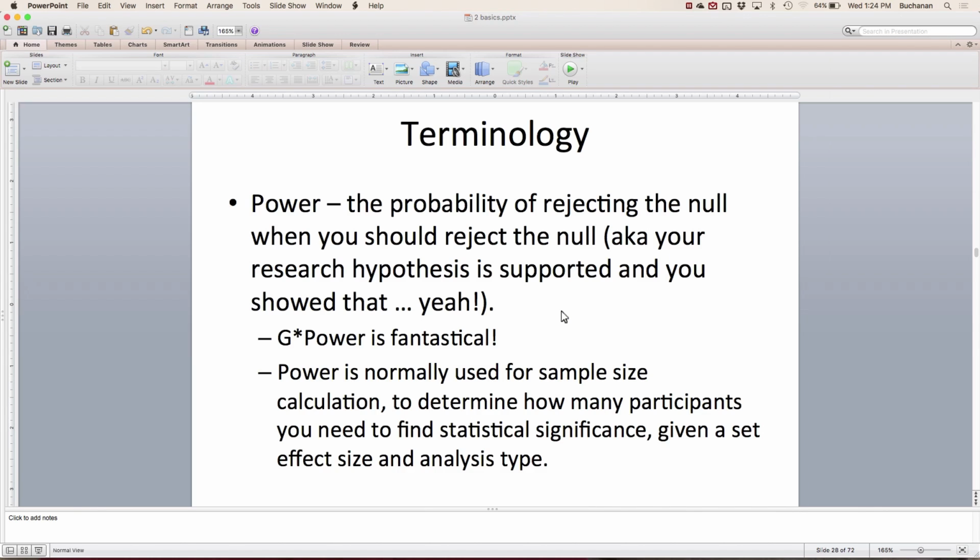But instead of calculating power, like the likelihood of us finding it, instead we're going to rig the system and use power to find how many people we need to find it if we should. So power is actually normally used for sample size calculation. So how many people do I need to find it?